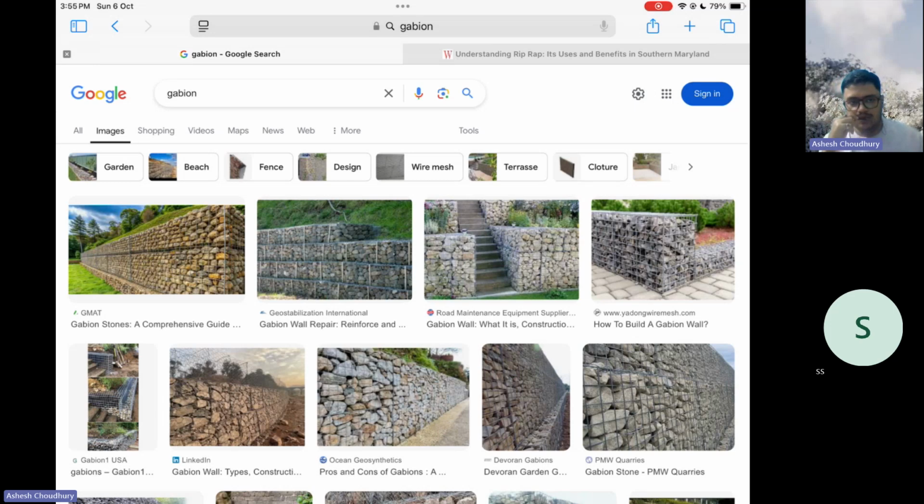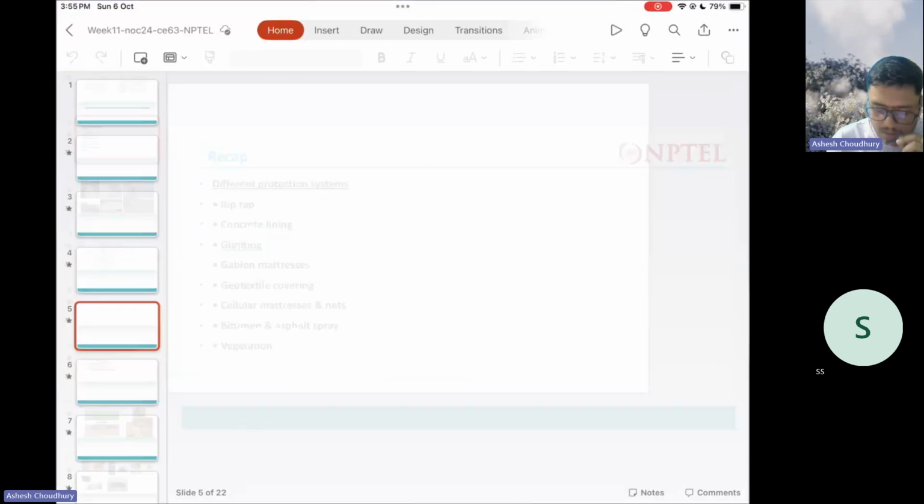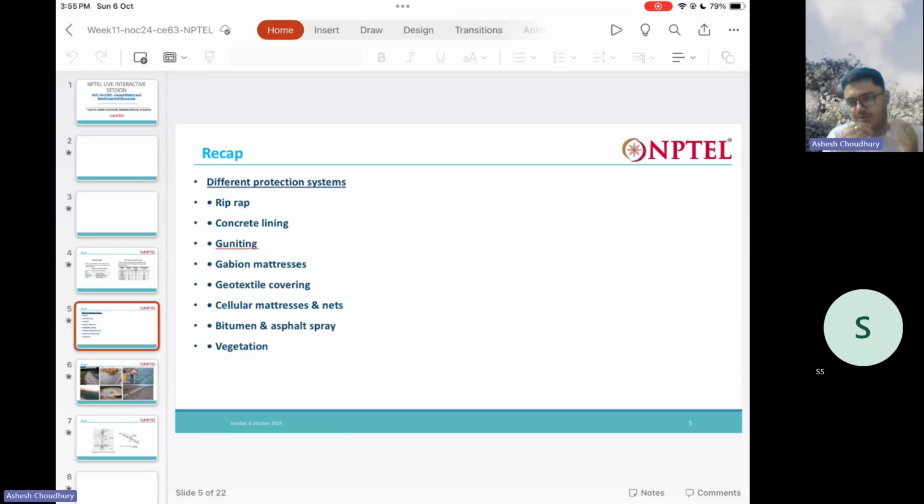These are called gabions, or gabion walls. The cages are filled with long, big, boulder-sized aggregates. Gabion done.